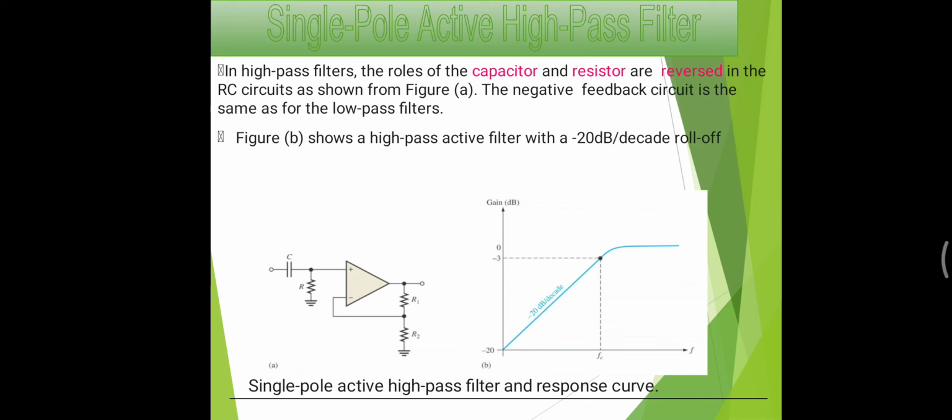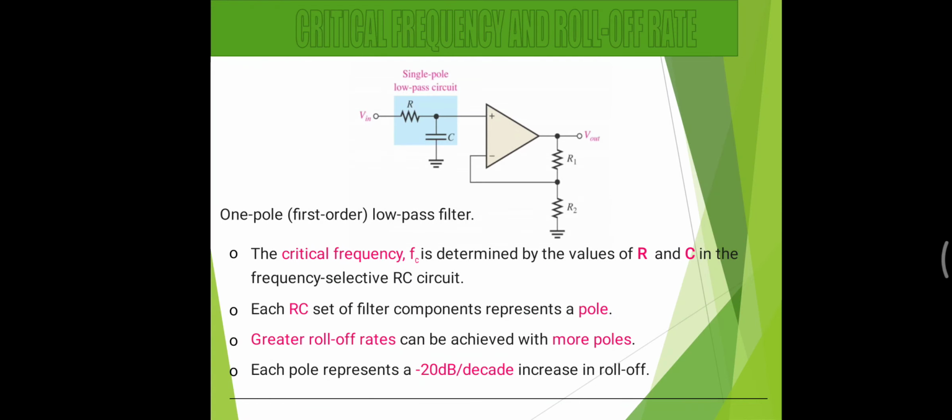In this high pass filter it is reversed, that is the RC circuit shown in this diagram. We can see the characteristic curve which attains the critical frequency at minus 3 dB, with minus 20 dB roll off. The negative feedback circuit is the same as the low pass circuit, but we get the characteristic curve of high pass.